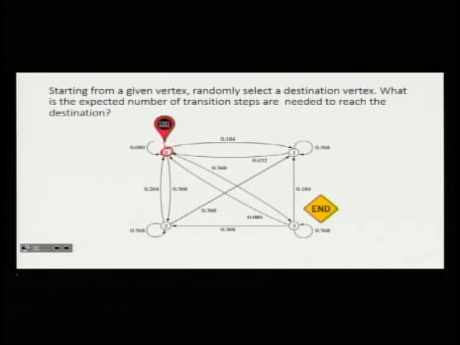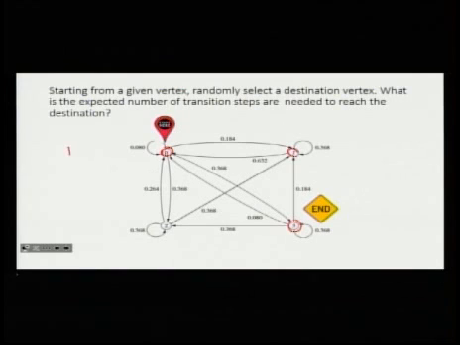And the question is, how many transition steps would you need to get to a randomly selected destination vertex? So maybe we choose 3, or maybe randomly we selected 1, whatever. But we just want to know, what's the expected number of transitions I need to reach that destination state if it's randomly chosen? Okay, and so we could play this game many times.